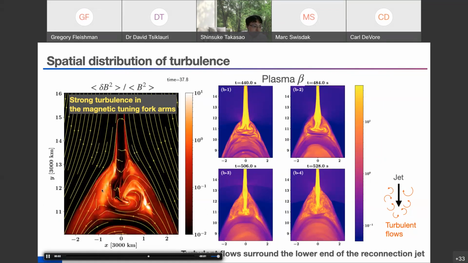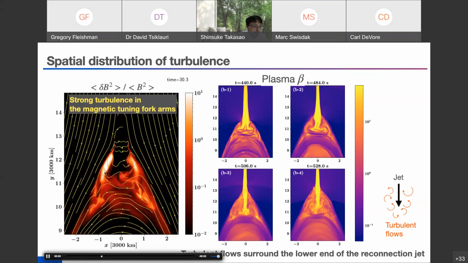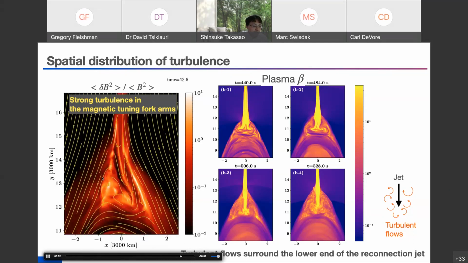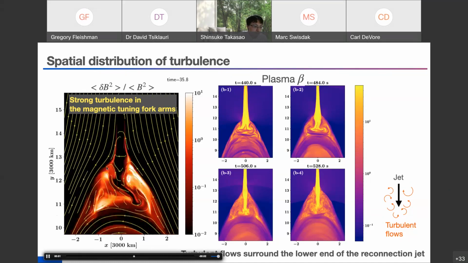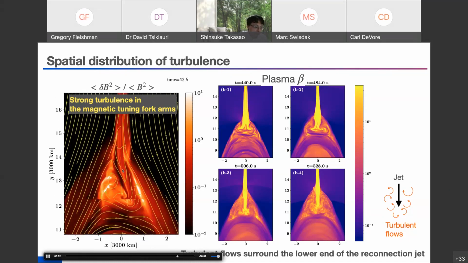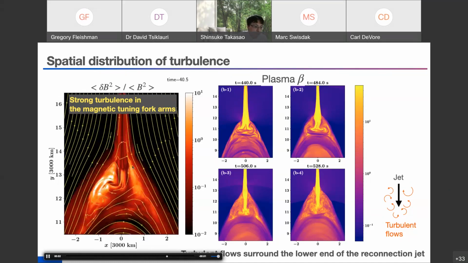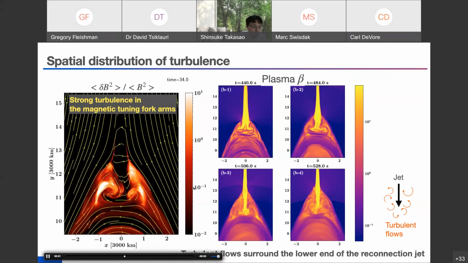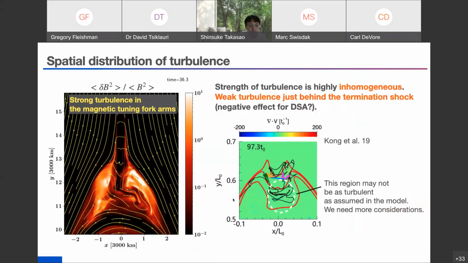We see that the strong turbulence is localized in the magnetic tuning fork arms, these two regions. And as shown in this simulation, the strength of turbulence is highly inhomogeneous. So the turbulence is weak just behind the termination shock.